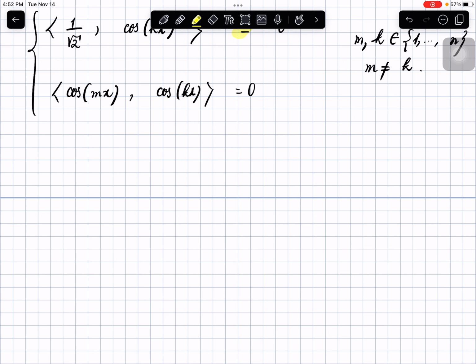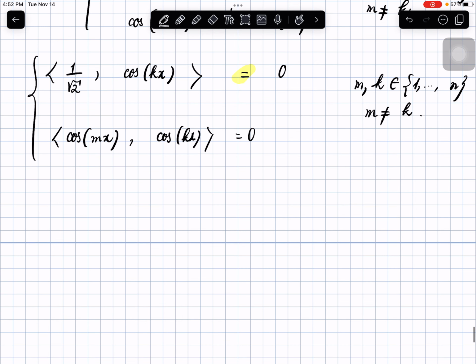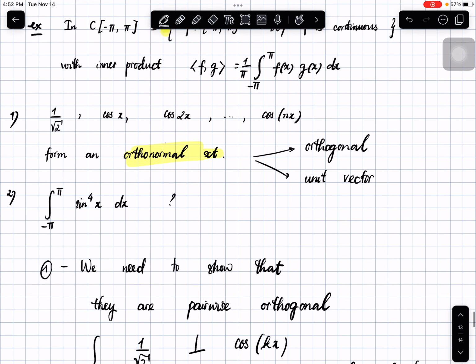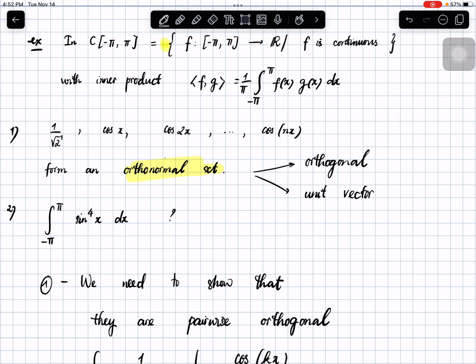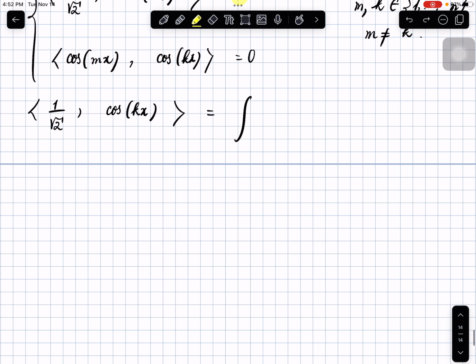For the first equality, let's compute the integral. The inner product of these two functions, by definition, is given by this formula: 1/π times the integral from -π to π of f(x) g(x), so 1/√2 times cos kx dx.